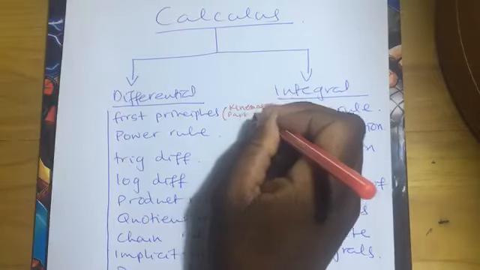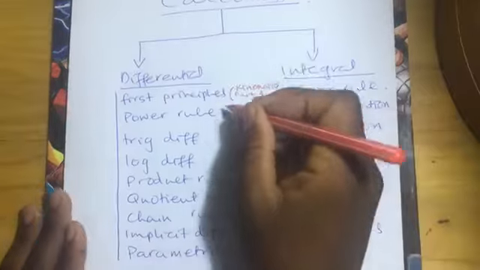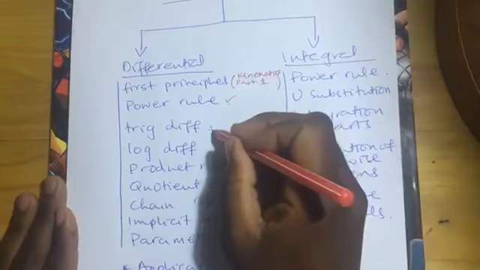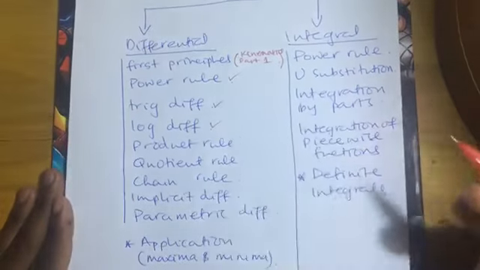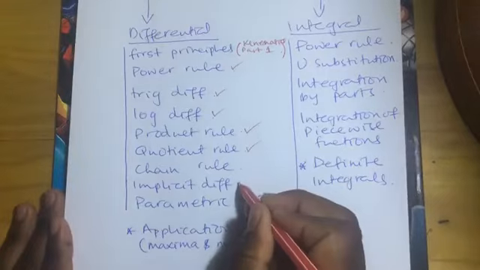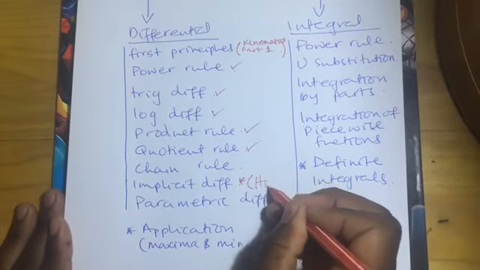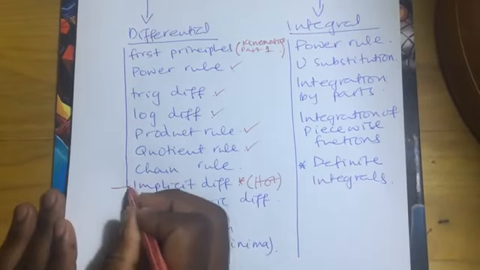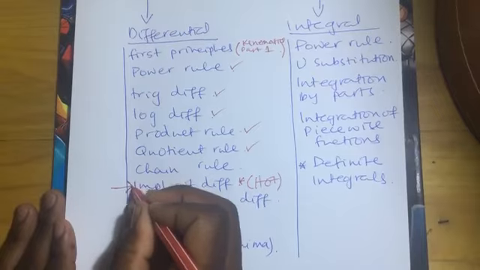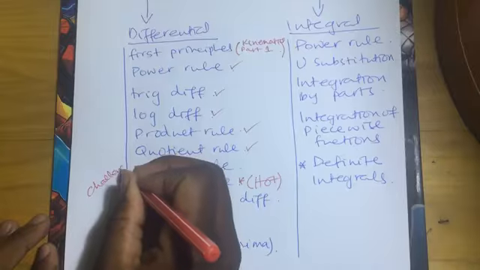Kinematics, part 1. Okay, so today's focus is going to be the power rule, trigonometric differentiation, logarithmic differentiation, and then I teach you product rule, quotient rule, and then we quickly go to implicit differentiation. This is very hot, and chances are you may have quite a number of questions on implicit differentiation because it can be quite challenging.